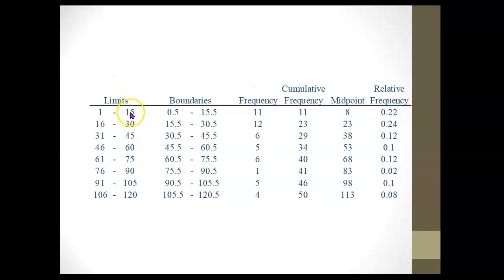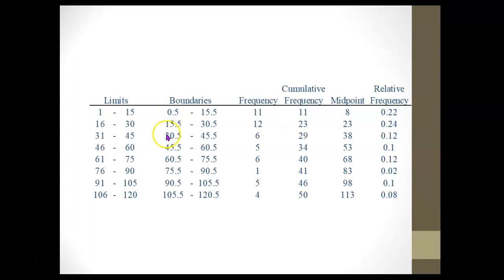Notice, by the way, that 15 minus 1 is 14, or 30 minus 16 is 14. So you can't get the correct width by subtracting the limits, but you can by subtracting the boundaries. So like 15.5 minus 0.5 is 15.